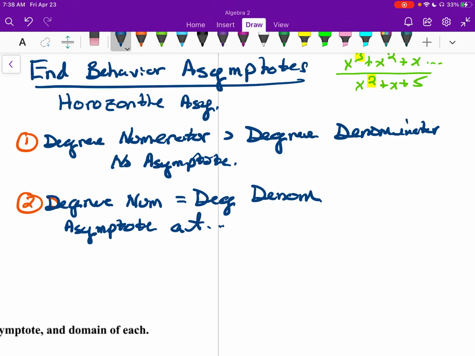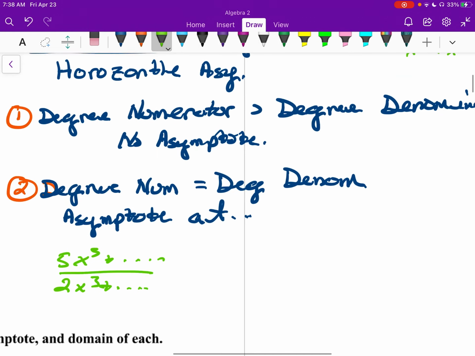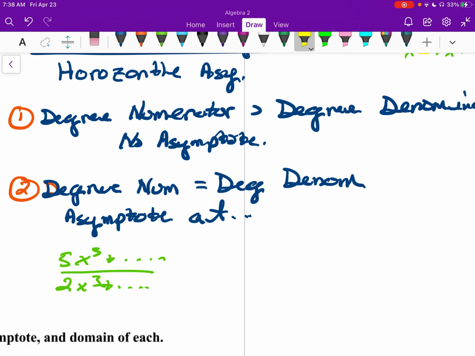Say we have an equation like 5x cubed plus blah, and maybe 2x cubed plus blah, right? It doesn't matter that they're cubed, it matters that they're the same, right? So they could both be to the 5th or something like that. What we do here is we look at the leading coefficients, the 5 and the 2. This one will have a horizontal asymptote, or excuse me, an end behavior asymptote at y is 5 over 2.